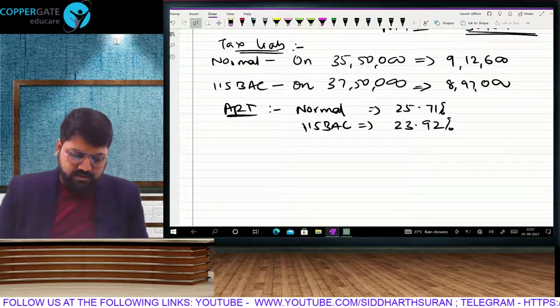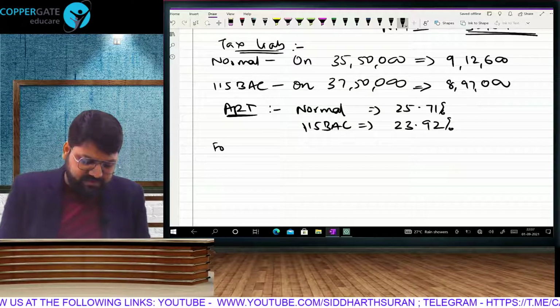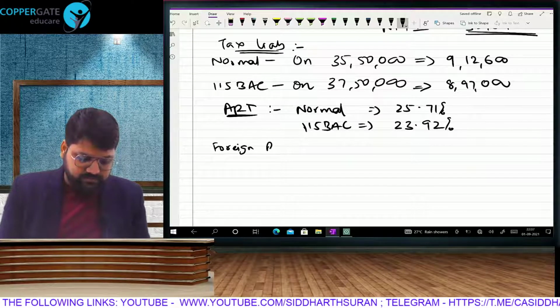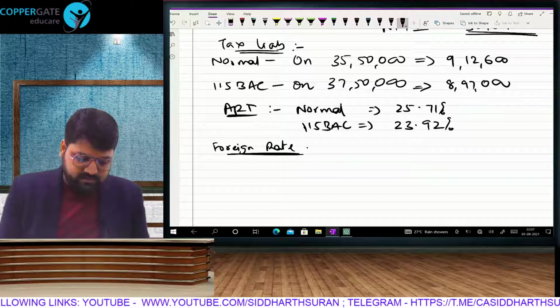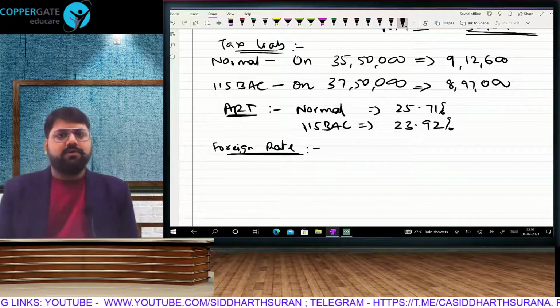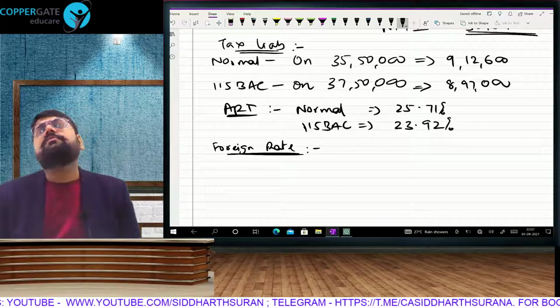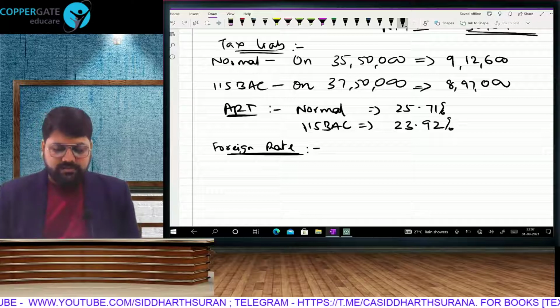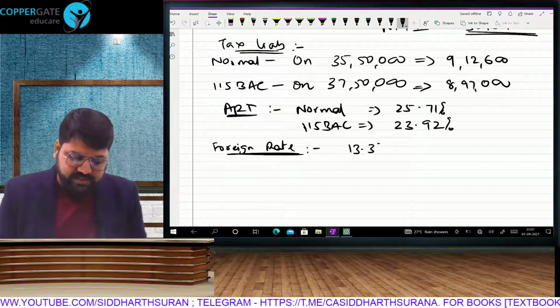Okay. Once we have the average rate, can I say we will now compare it with our foreign rate? 1 lakh tax paid on 7,50,000. 2 decimals, 13.33%.